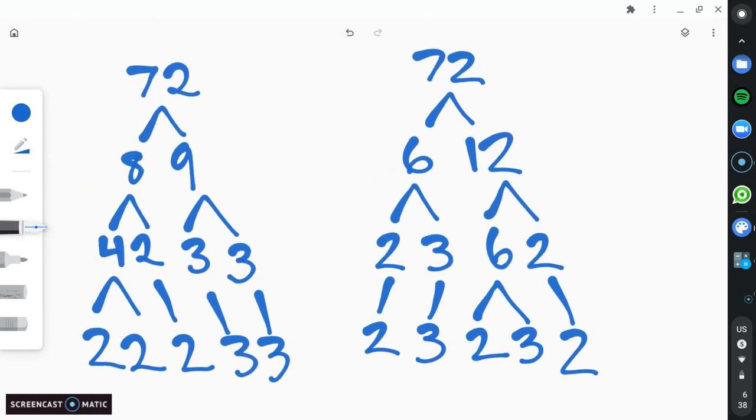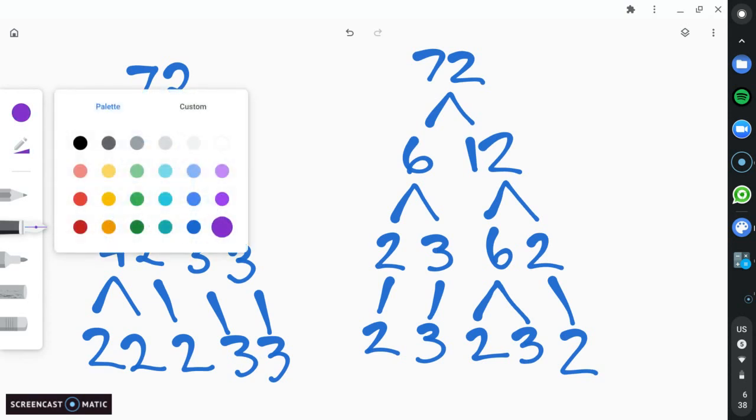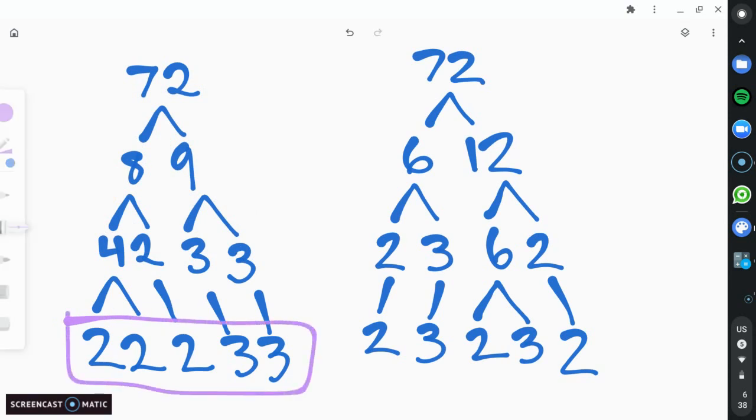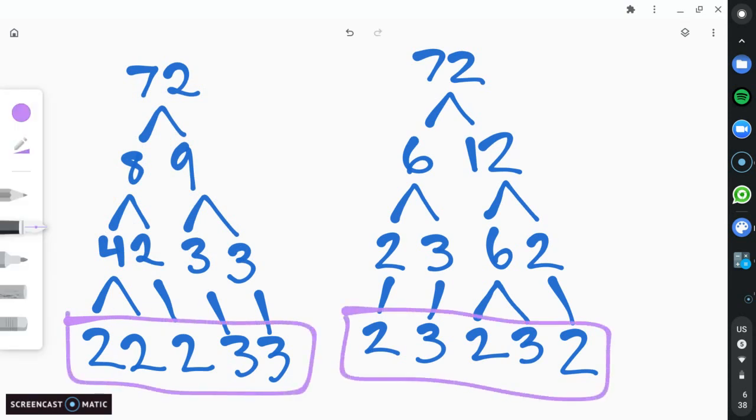Compare these two factor trees. At the bottom, the purple parts, the prime factorizations, are the same. Even though they're not in the same order, they're the same. You have 3 2s and 2 3s for both of them.